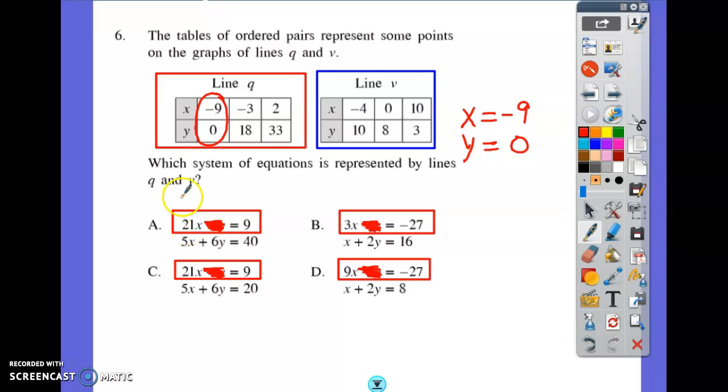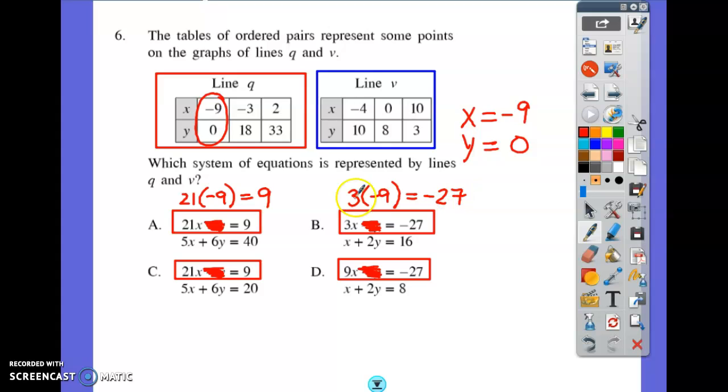So then we look at what's left over. Okay, so 21 times -9, does that give me 9? Think about it. Does that make sense? Okay. B, 3 times -9, does that give me -27?